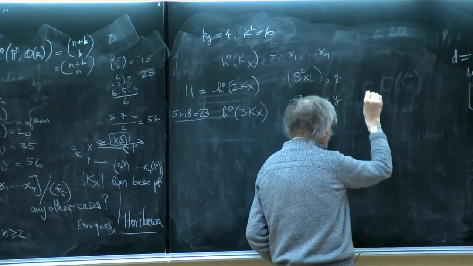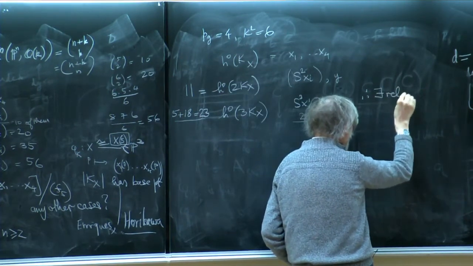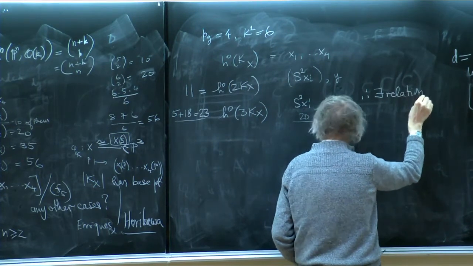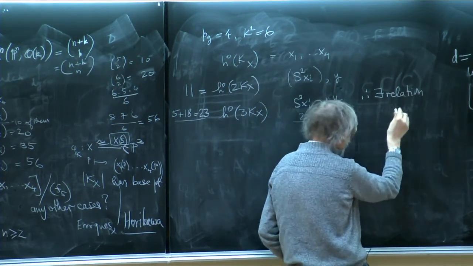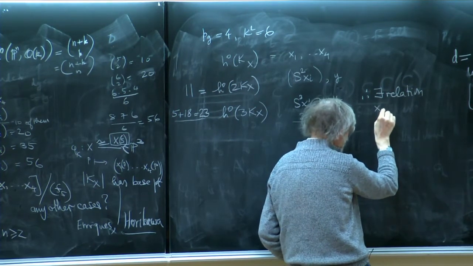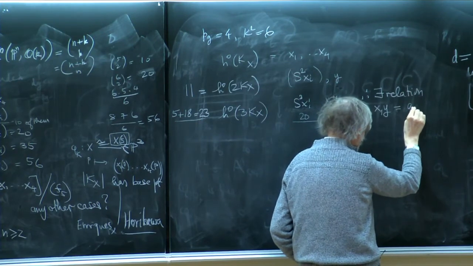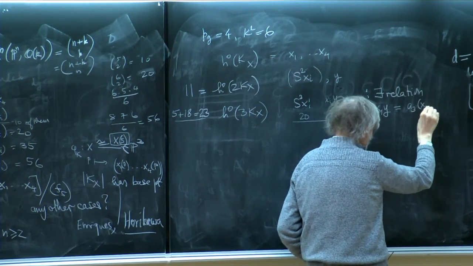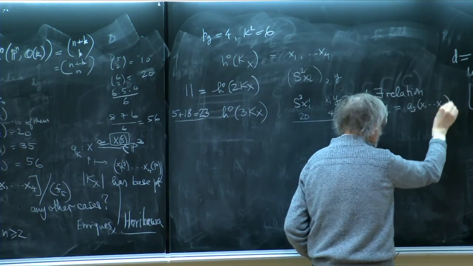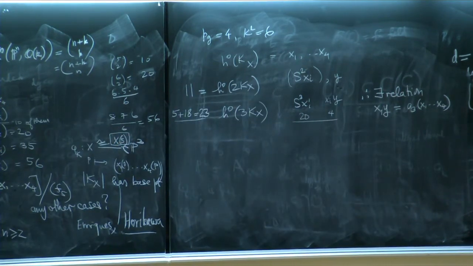And so therefore, there exists a relation. This is just a linear dependence relation in this vector space, and I can assume it's x1 times y equals a3 of x1 to x4. Yes?